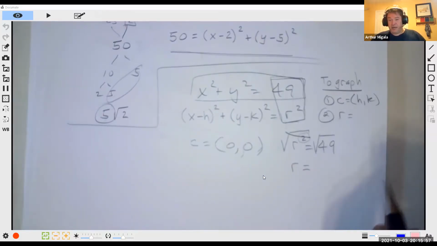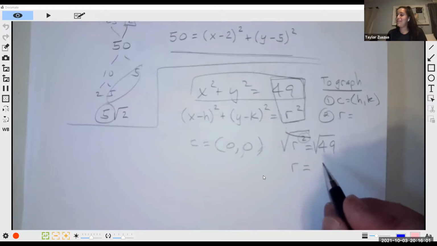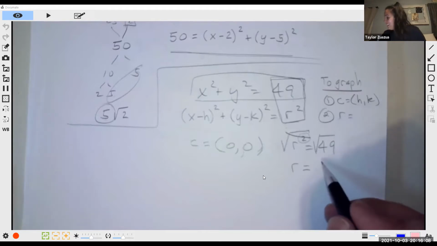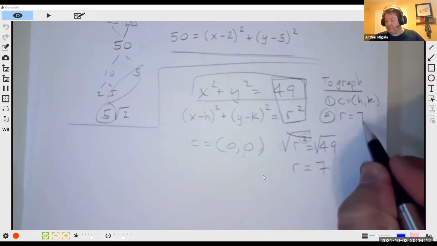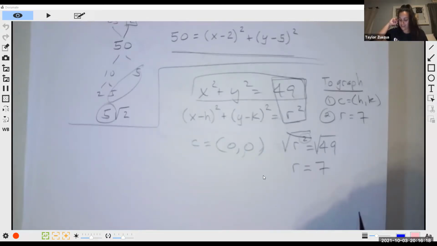What's the square root of 49? What times what is 49? That was 7. So the radius is 7. Oh, okay, that's how you do that.